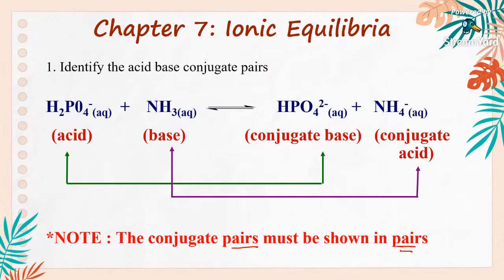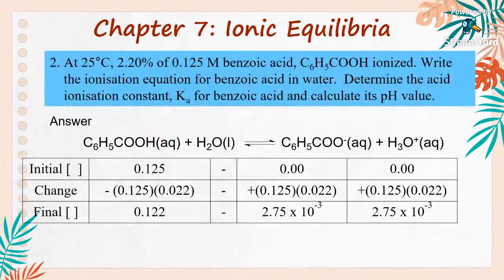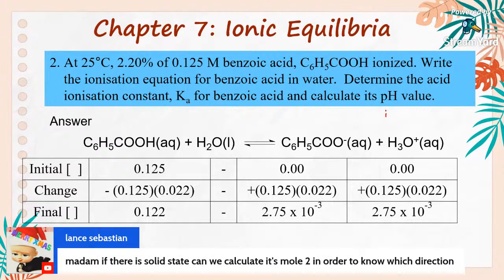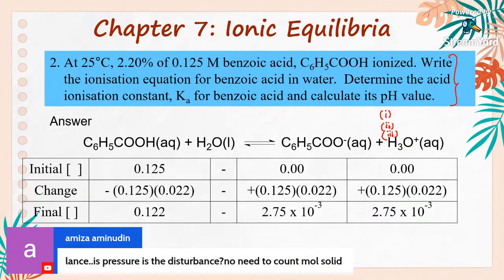Let's look at another example, this question. Here once again, the question may give you parts 1, 2, 3, and so on, or just one piece of information like this. Whatever it is, you need to highlight and know what is given in the question and what you need to find.